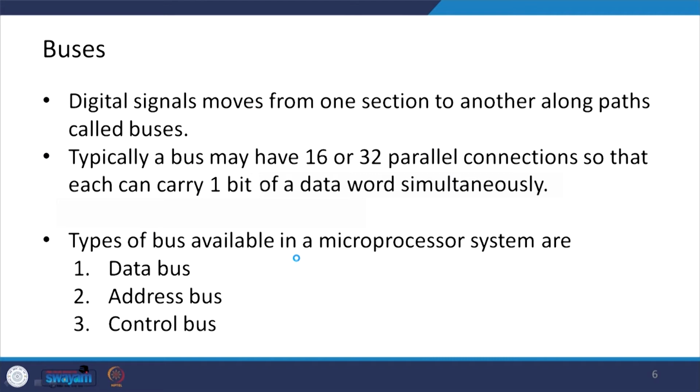The buses, as I said, are the paths along which digital signals move from one section to another. Typically a bus may have 16 or 32 parallel connections, so that each can carry 1 bit. So you can have a 16 bit or 32 bit bus, and they can carry the bits of a data word simultaneously.